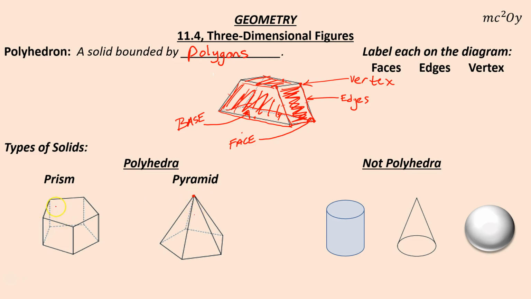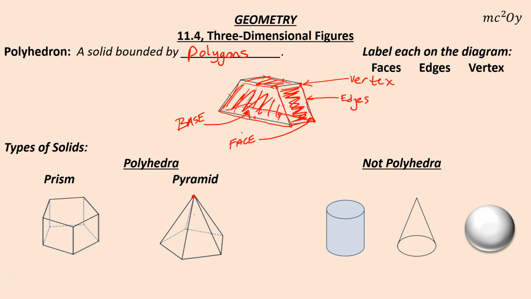Notice on a prism you have two of the same bases, a pentagon and a pentagon, connected by a bunch of rectangles. A pyramid just has one base, a pentagon, and jutting off that pentagon are a bunch of triangles that come to a single point at the top. That's a pyramid. Notice all lines are straight. All of our edges are straight.